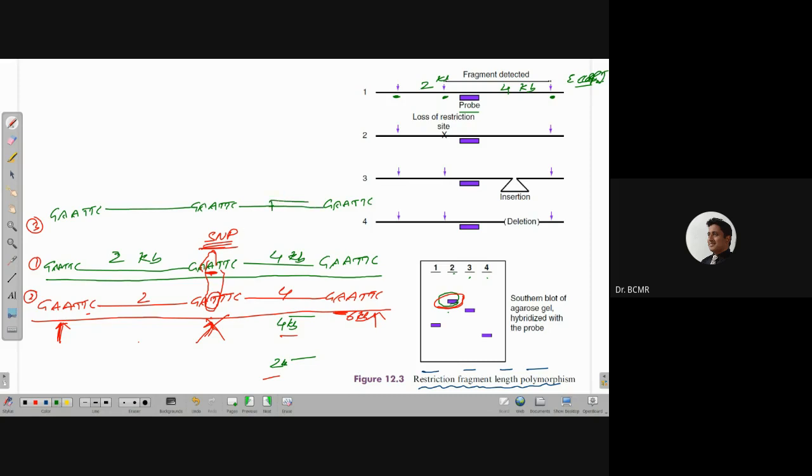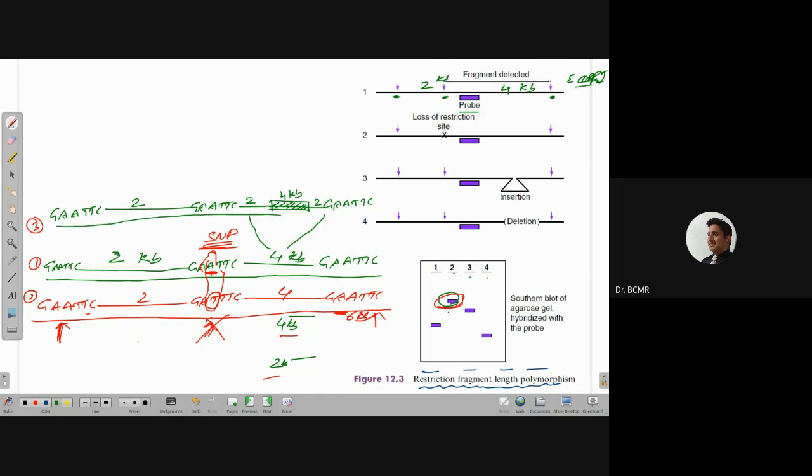Say, for example, there is an insertion here. The original size here is 2 kb. Assume that this is 2 kb from here and 2 kb from here, that is 4, and now another 4 kb has got integrated. Just take it that way for the sake of discussion.